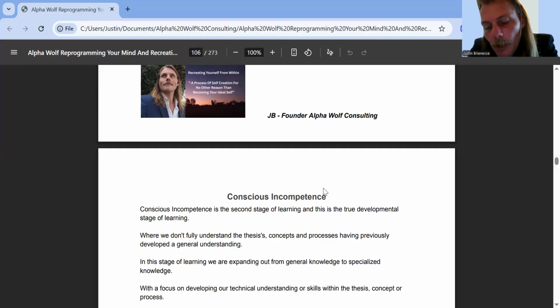So if you think about it like this, unconscious incompetency: I don't understand concepts, I don't understand frameworks, I don't understand any of the historical information or knowledge, I don't understand how it's been done previously. Conscious incompetency: I have a basic understanding of conceptual frameworks and theoretical frameworks.